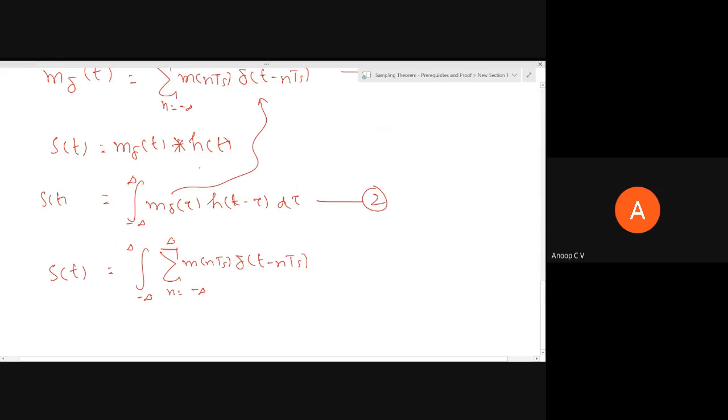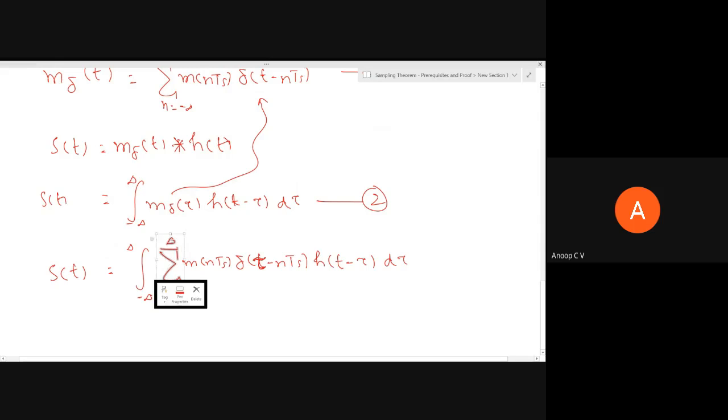Sorry, it's m_δ(τ), so instead of t, I should be writing τ. That is the meaning. When I write m_δ(τ), instead of t, I should be writing τ. That's it. So δ(τ minus nTs) times h(t minus τ) dτ.